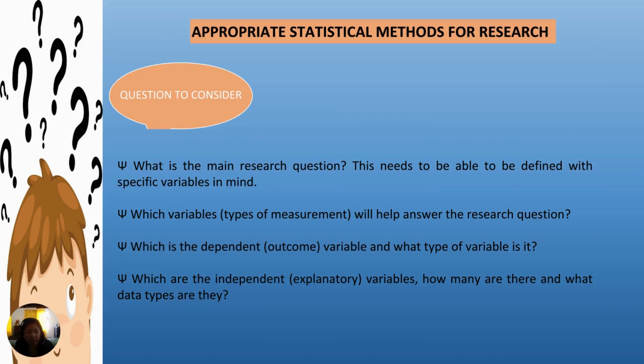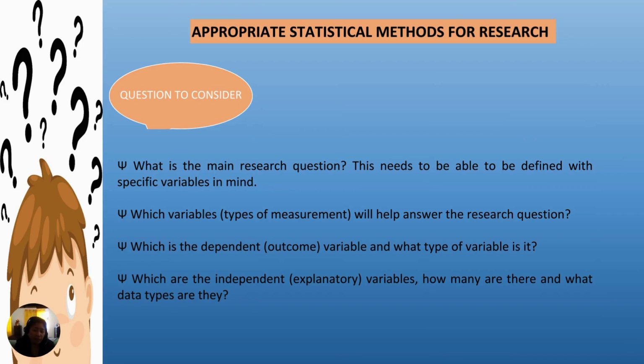Another question is, which is the dependent or the outcome variable, and what type of variable is it? Of course, we should know this, especially for studies like correlational and experimental, no? The researcher has to identify the independent or dependent variable, or predictor or explanatory variables, or the outcome variable.